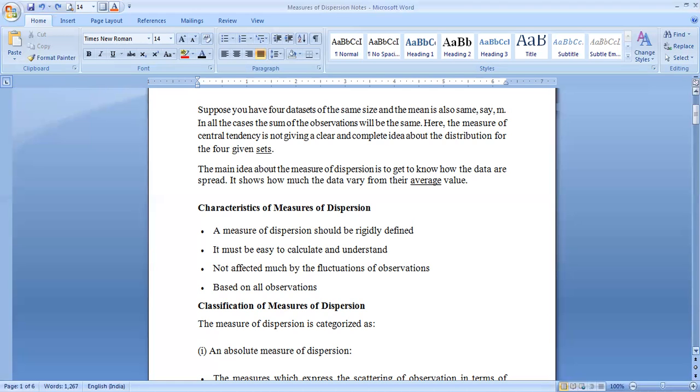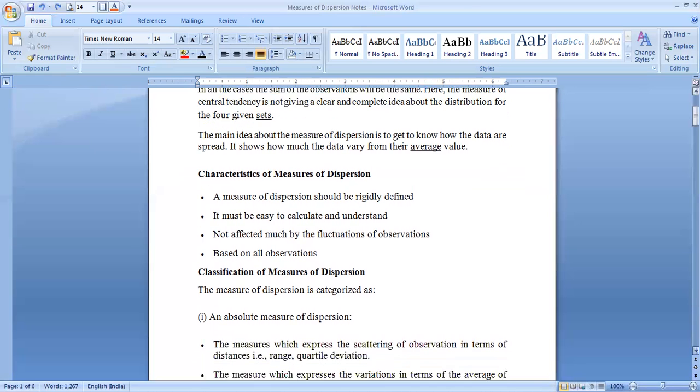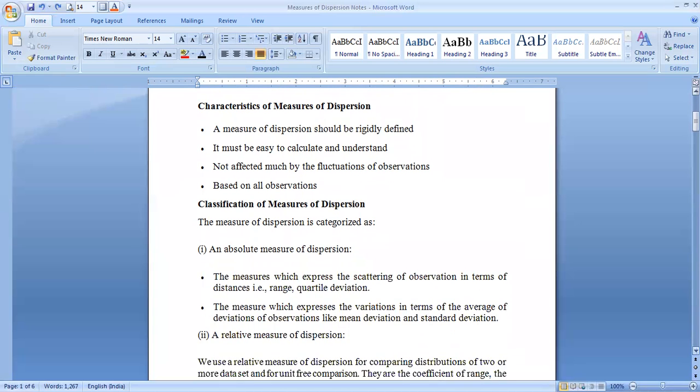So next, we take the classification of measures of dispersion. The measure of dispersion is categorized as, first, an absolute measure of dispersion, and second, a relative measure of dispersion. In the first part, the absolute measure of dispersion, the measures which express the scattering of observations in terms of distances, that is range and quartile deviation.